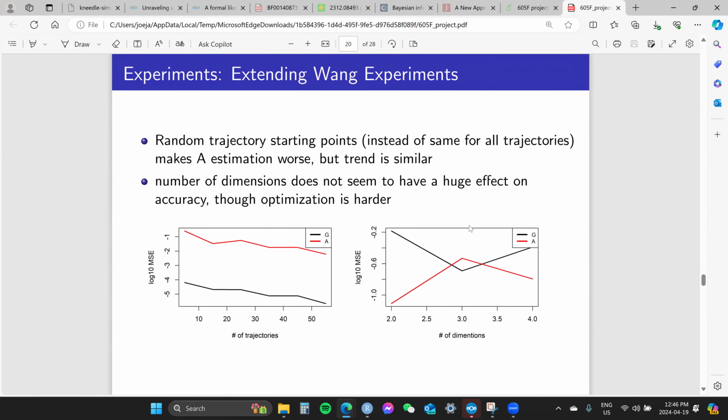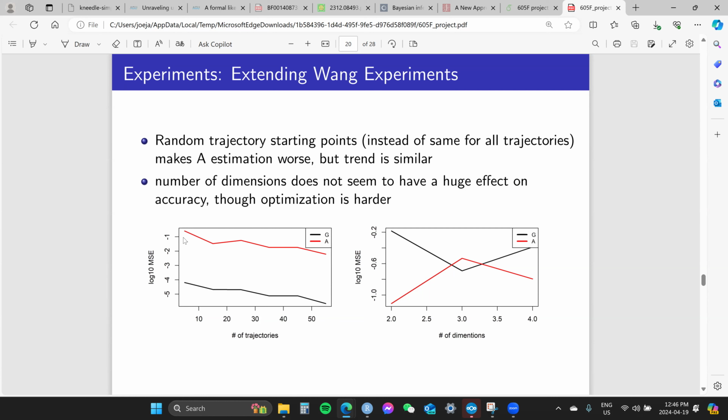Okay, so one question that we got asked in our last presentation was about random starting points for each trajectory. And we found that even if we use random starting points, as the number of trajectories increases, the mean squared error still decreases, which is nice, but it has a different starting point.